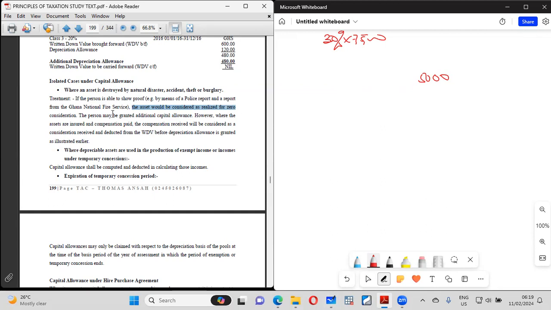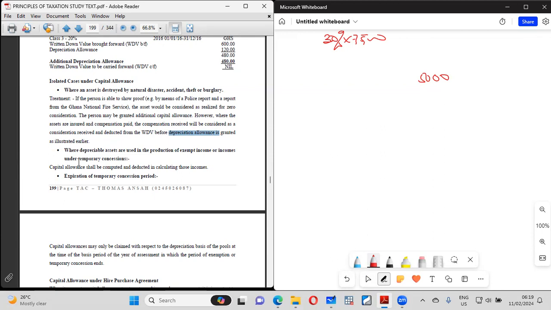And the person may be granted additional capital allowance. However, where the assets are insured and compensation is paid, the compensation that you receive will be deemed as your consideration received and deducted from the written down value before the depreciation allowance is granted.